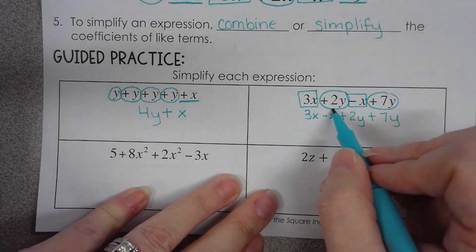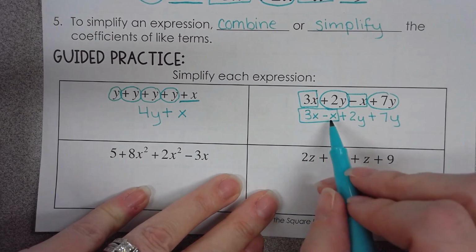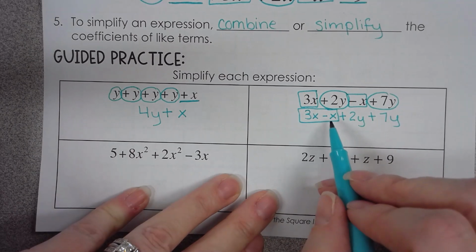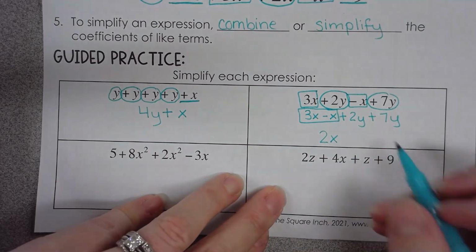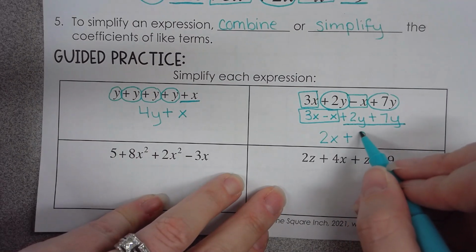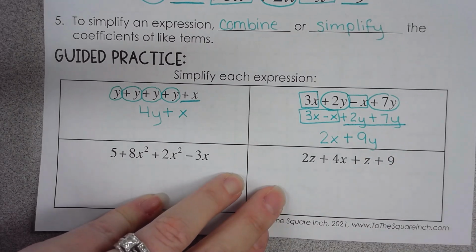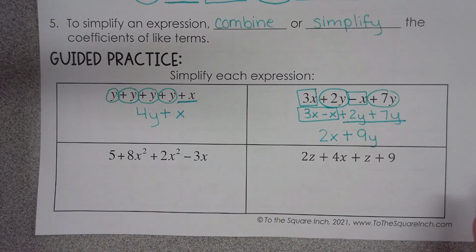Now I'm going to combine 3x minus 1x, because there should be a 1 in front, but we don't write the 1. 3x minus 1x is 2x. And then 2y plus 7y is plus 9y. So 2x plus 9y is my simplified expression.